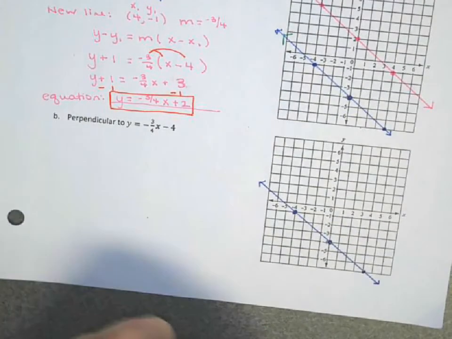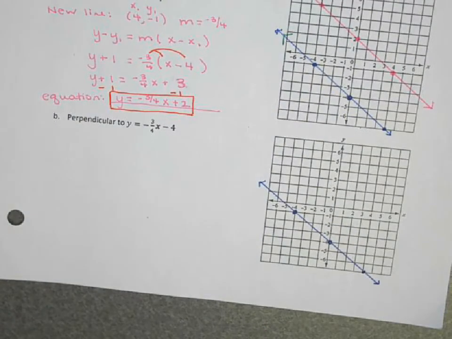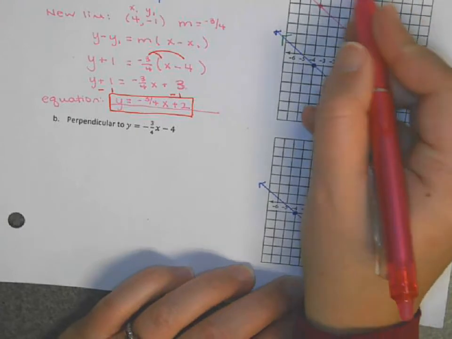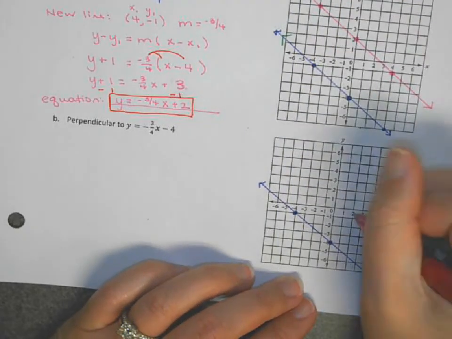So there's the original line. And then my new line has to go through the point 4, -1.